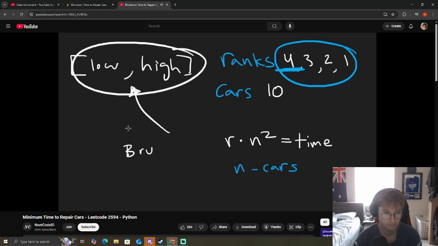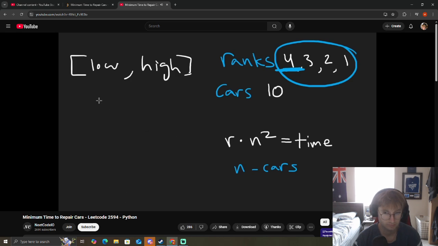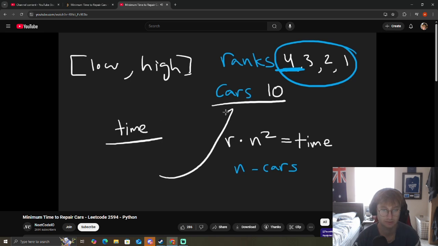But just setting up our range right now, it's usually safe to assume that 1 is good for the starting spot. I guess I should start with what this range actually represents. Remember, what we're trying to do is, given these mechanics and given 10 cars, we want to know how much total time it is going to take for us to do all 10 of the cars with these 4 mechanics, and this is the rank of each mechanic.